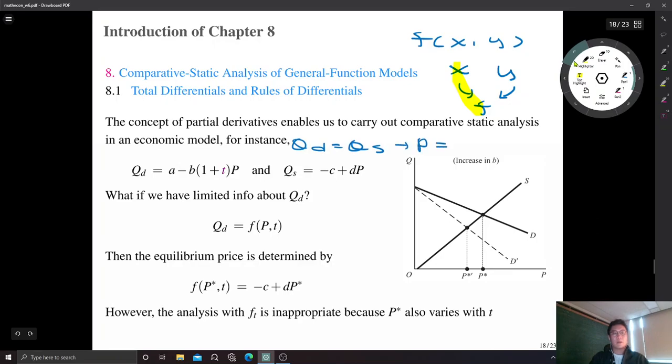Then I can obtain the explicit form of the function of price: A plus C over B(1 plus T) plus D, I guess. Here A, B, C, D are positive constants.